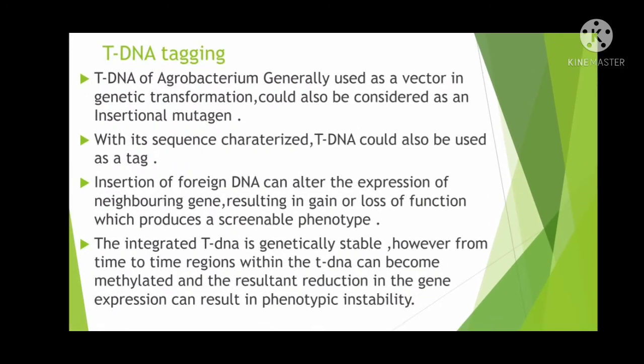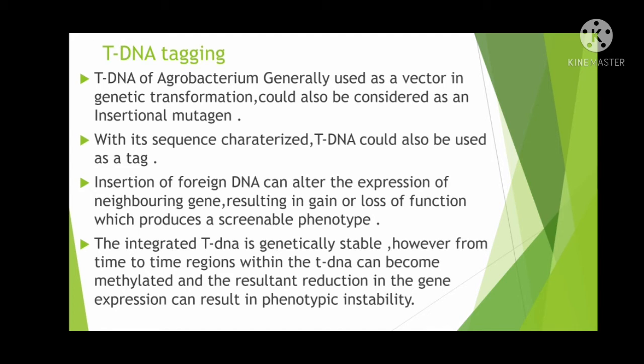tDNA tagging. The tDNA of Agrobacterium, generally used as a vector in genetic transformation, could also be considered as an insertional mutagen. With its sequence characterized, tDNA could also be used as a tag.